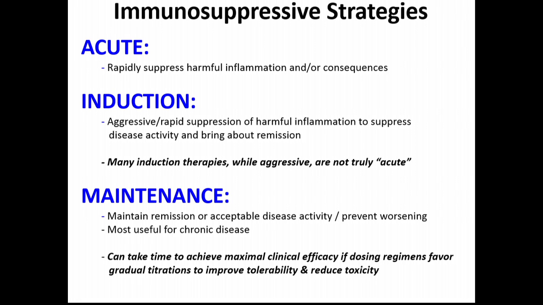It's what you do in the moment to stop the badness. An example of this would be glucocorticoids or IVIG or plasma exchange. Induction refers to aggressive or rapid suppression of harmful inflammation. Many induction therapies, while aggressive, are not acute. And then maintenance therapies, meaning it may not be that aggressive, but it holds down the harmful inflammation to prevent it from coming back or doing harm.